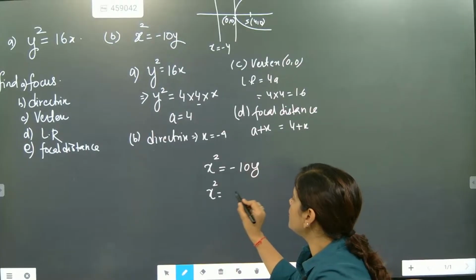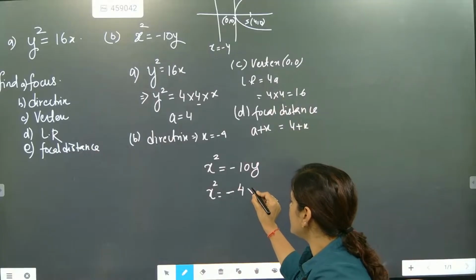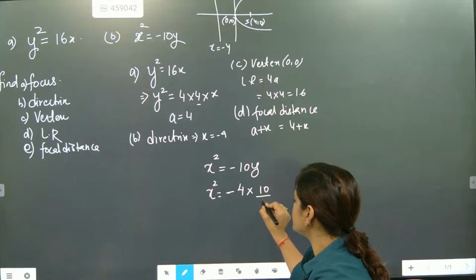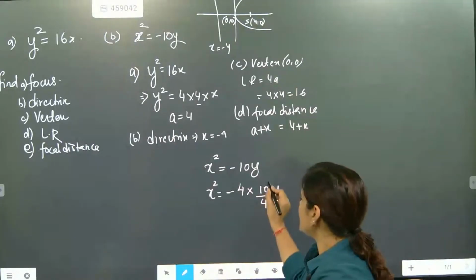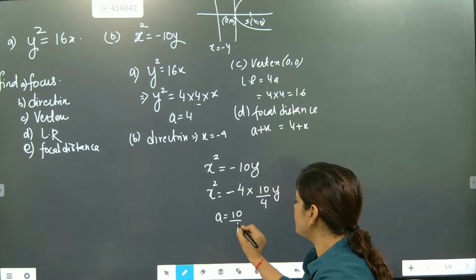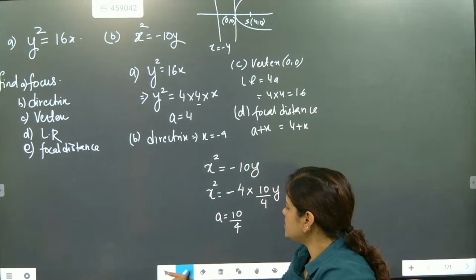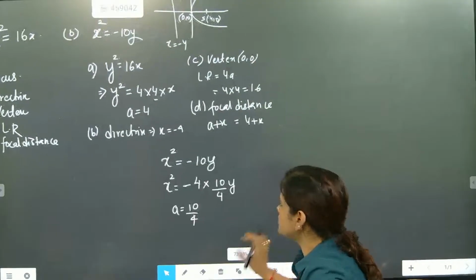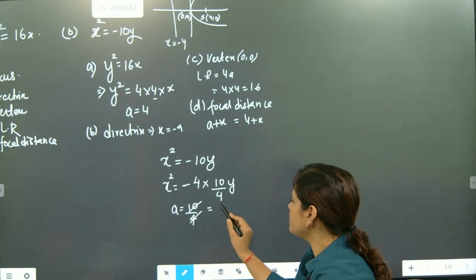We will keep the minus as it is, multiply by 4, keep 10 as it is, and divide by 4. So now it becomes y, and a is coming as 10 by 4. Once a is 10 by 4, it will cancel and become 5 by 2.